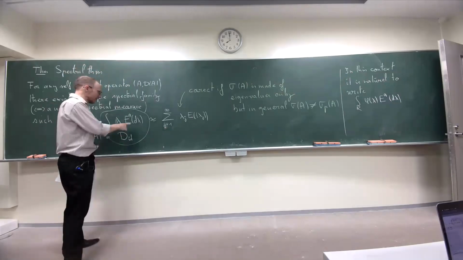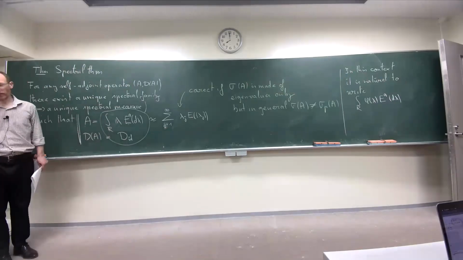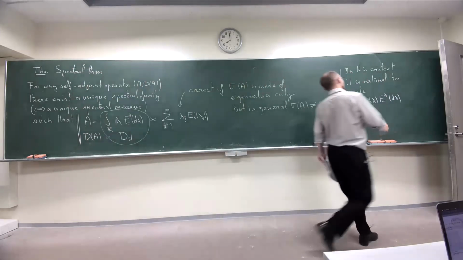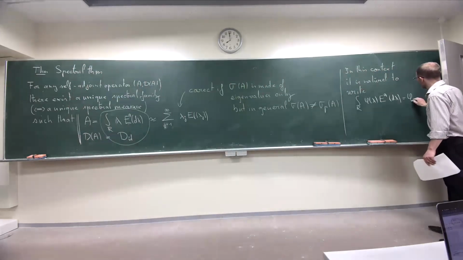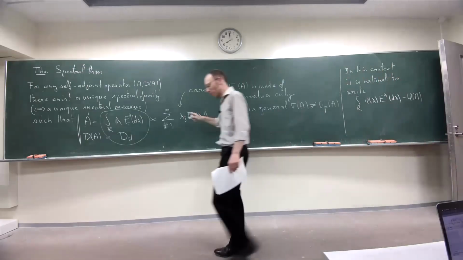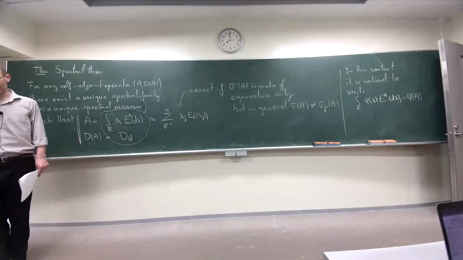If for the identity you get A, for general phi, it's natural to call it phi of A. And indeed, if you come back to what I introduced before for convolution and other things, it's exactly this.